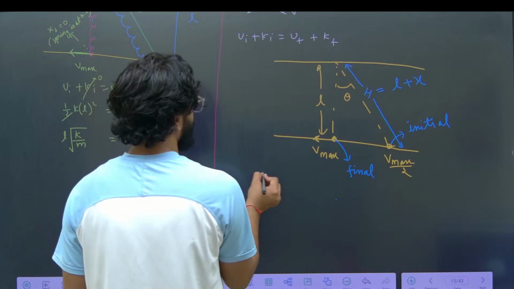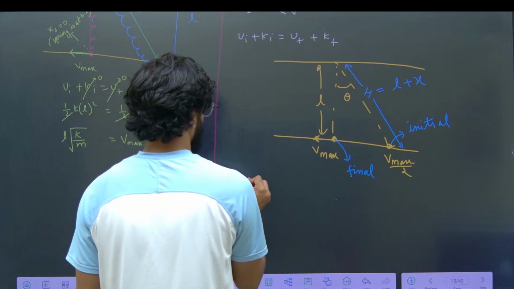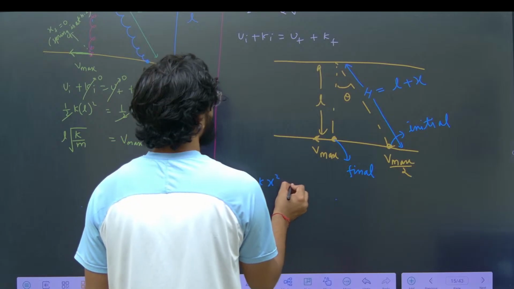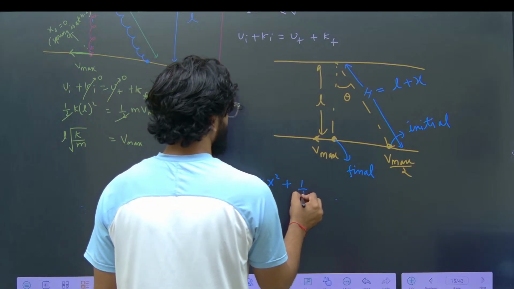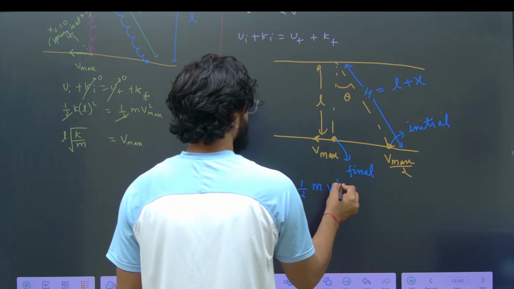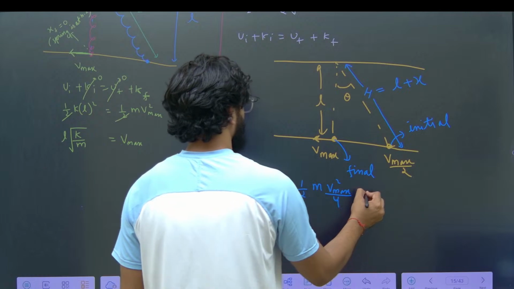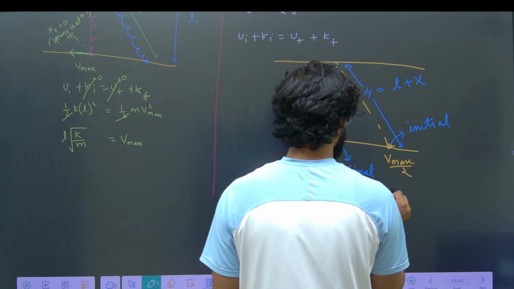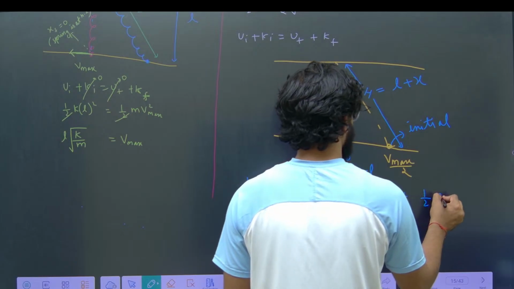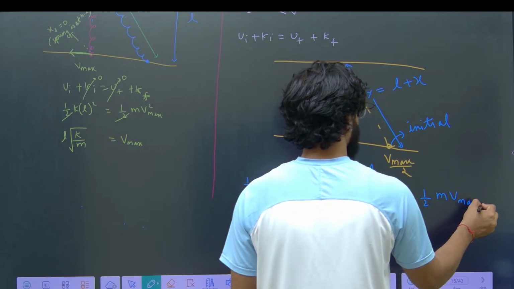Ui, which is half k x square, initial kinetic energy half m v max square by 4, equals potential energy will be 0 and kinetic energy will be half m v max square.